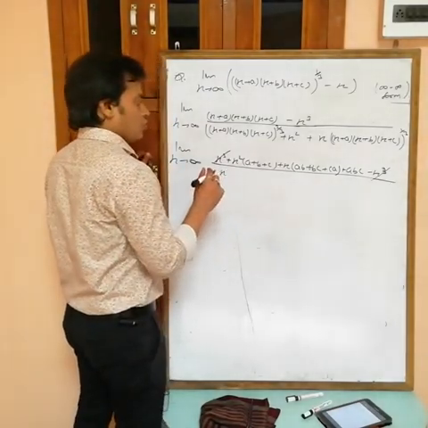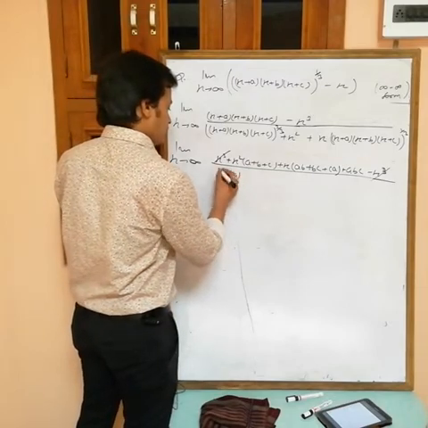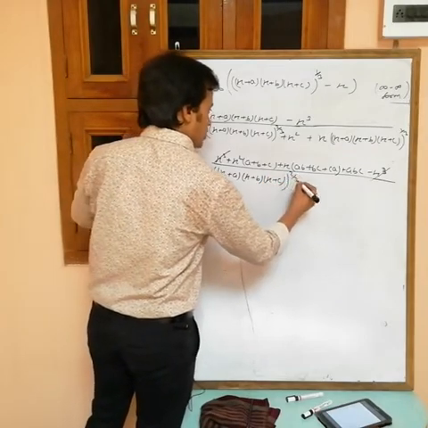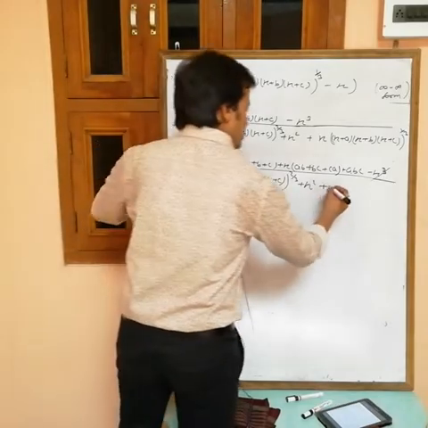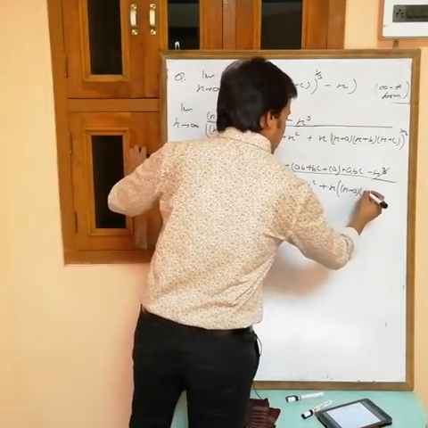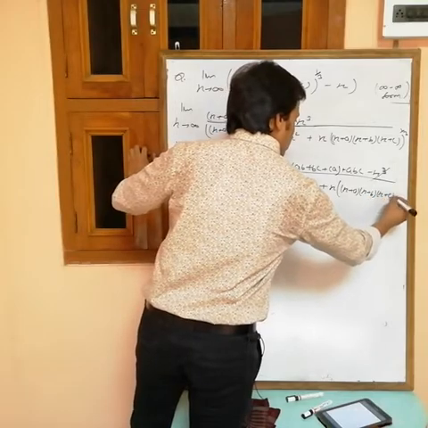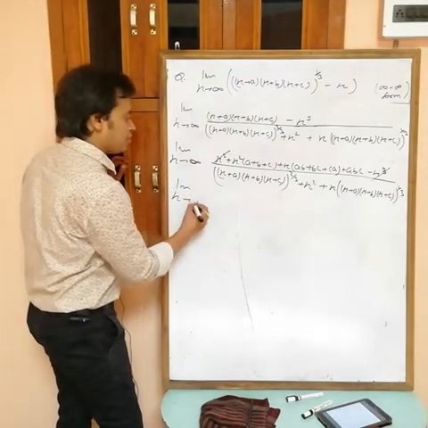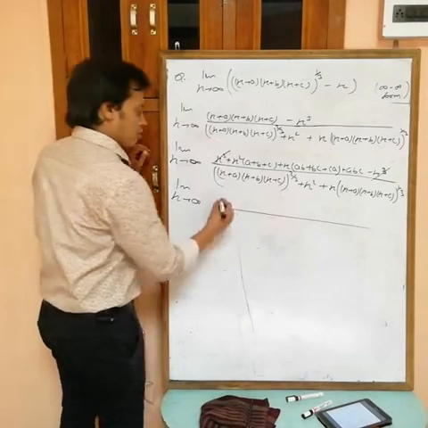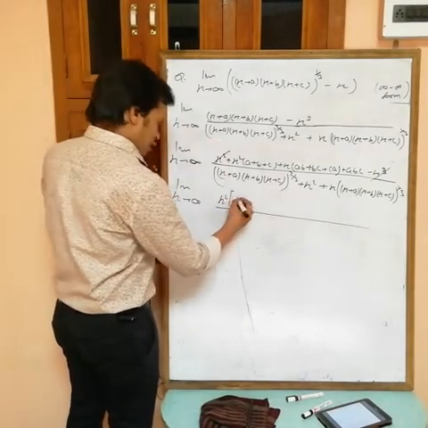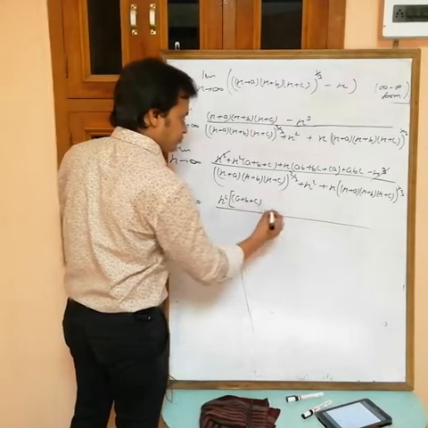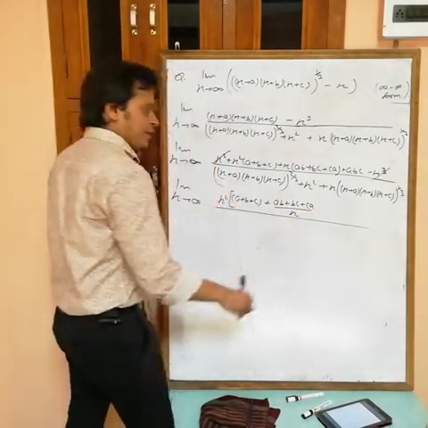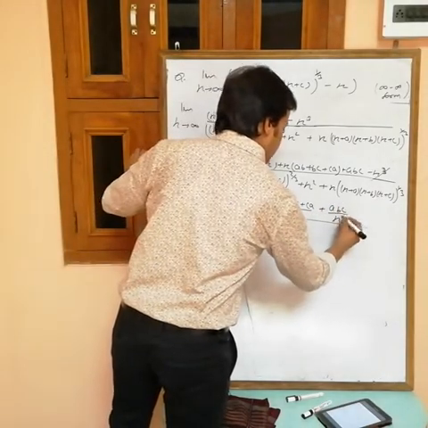Okay, now the denominator is as it is, x plus a, x plus b, x plus c whole power 2 by 3 plus x square plus x, x plus a, x plus b, x plus c whole power 1 by 3. Now take the highest power of x common. Limit x tending to infinity, x square common, then what we are getting: a plus b plus c, ab plus bc plus ca by x, and here abc by x square.